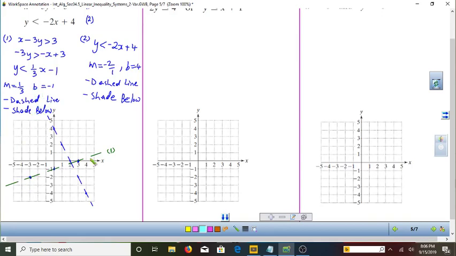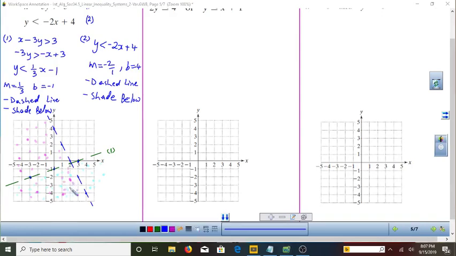So I'm going to go to the first line and shade below. But instead of actually shading, I'm just going to put a series of dots of where I would normally shade, because I'm going to look at something particular. And then for the other line, it says shade below. So I'm not going to shade as well. I'm just going to put a series of dots to represent where I would normally shade. And then where I have the two same set of dots, that's where my region is.